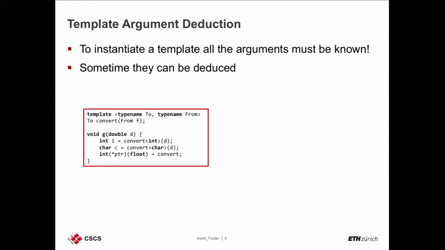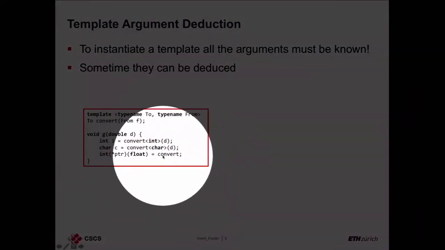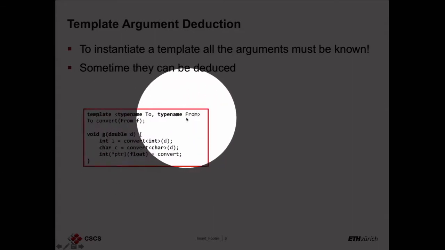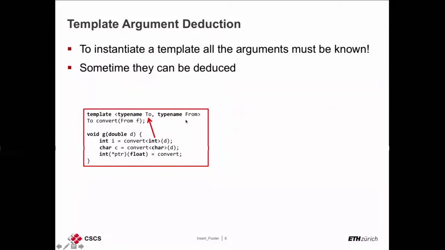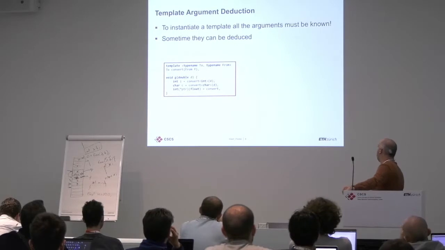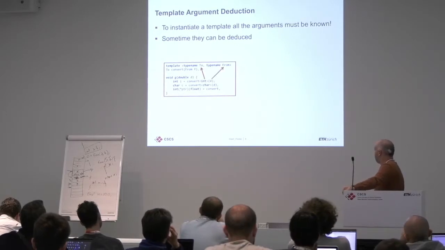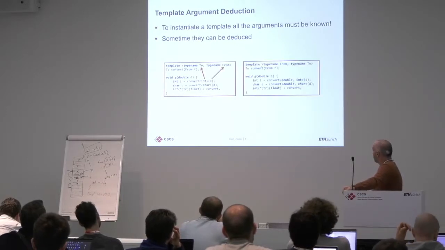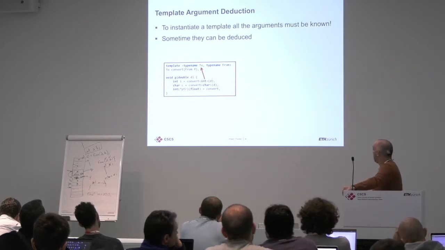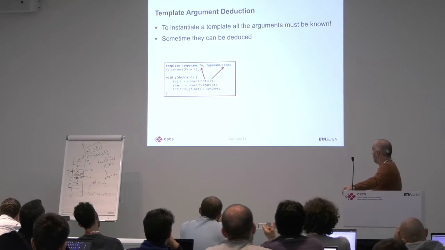This will instantiate the function convert with int and float. So with function pointers, you can deduce also the return type. It's not that ambiguous. I know it makes no sense, but we could also convert int to int.